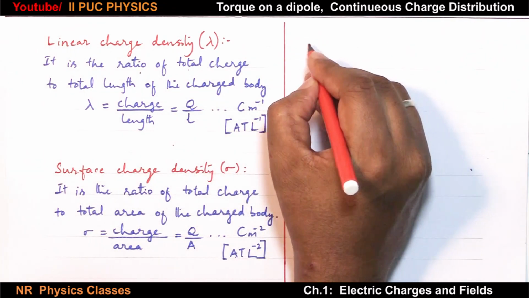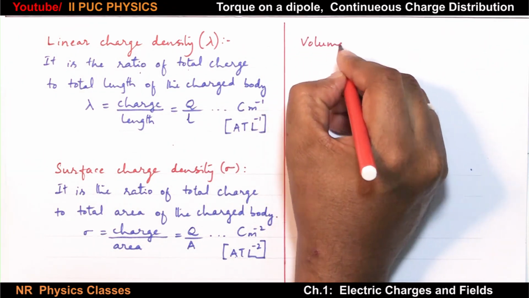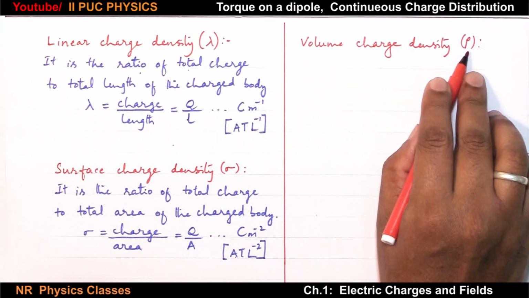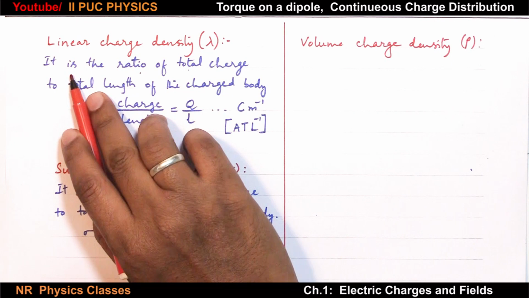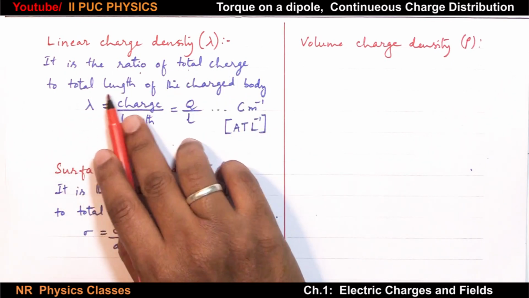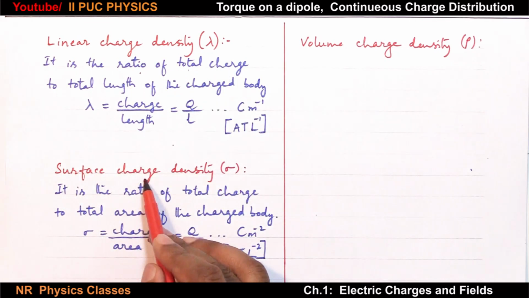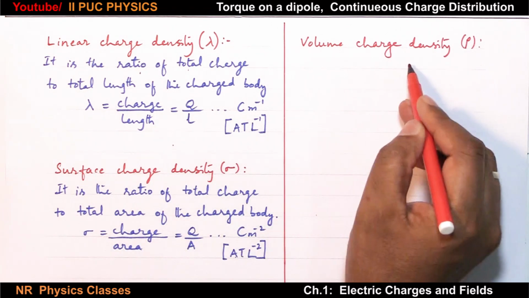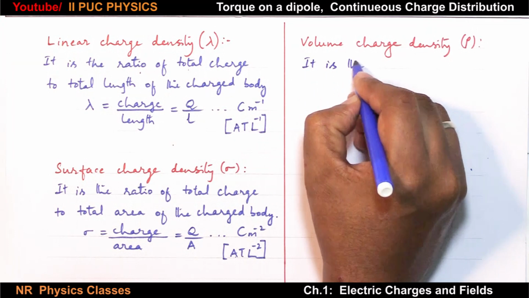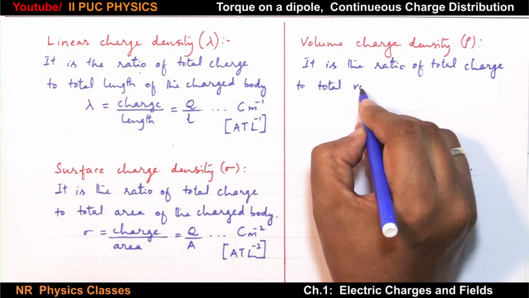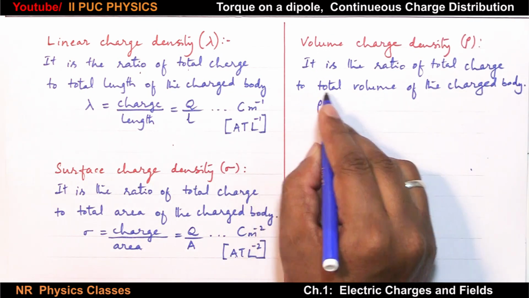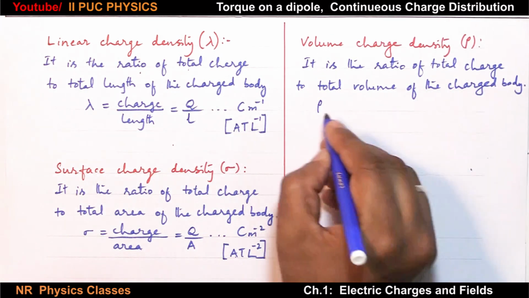Next is volume charge density, denoted by rho. For linear it is the ratio of total charge to total length, for surface it is total charge to total area, and this should be total charge to total volume. It is the ratio of total charge to total volume of the charged body.